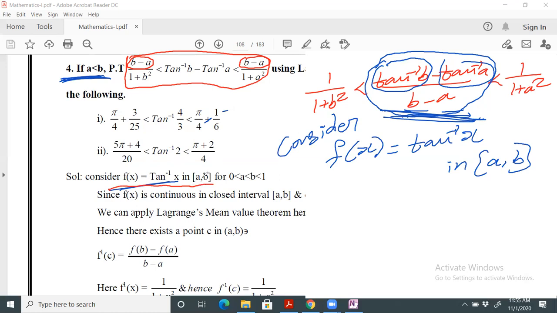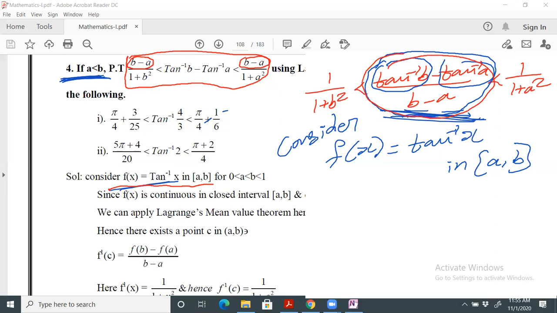Whenever we consider a problem like this, we can blindly write that f of x is continuous and f of x is differentiable. And which theorem do we have to apply: Rolle's theorem, Lagrange's theorem, or the next theorem? How to identify? This is in the form of the middle one, f of b minus f of a by b minus a. In place of this, we can write f dash of c for our future purpose.